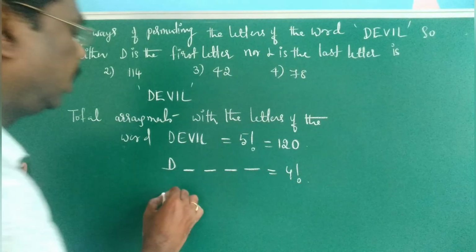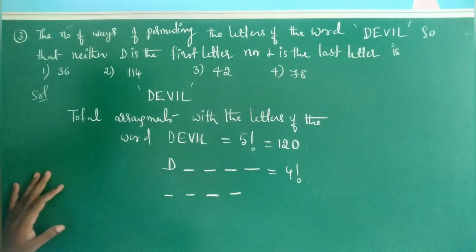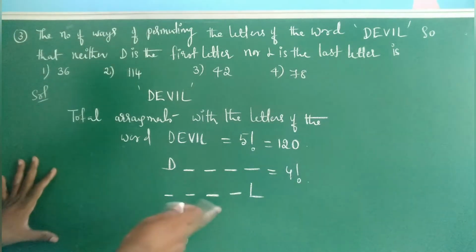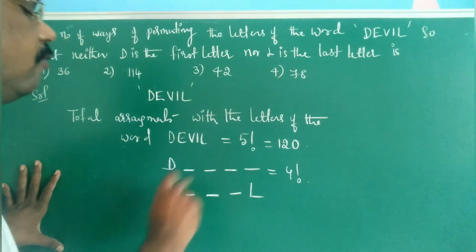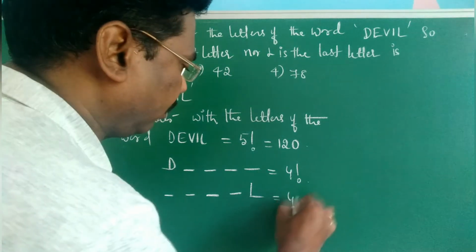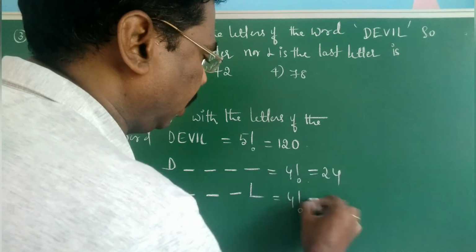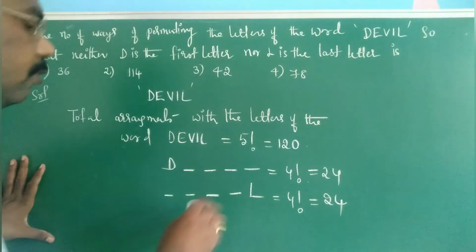Next, the number of arrangements ending with L. Ending with L means here also 4 places are there. The 4 places can be filled with the remaining 4 letters, 4 factorial ways. Now 4 factorial is equal to 24, and here also 4 factorial is equal to 24.